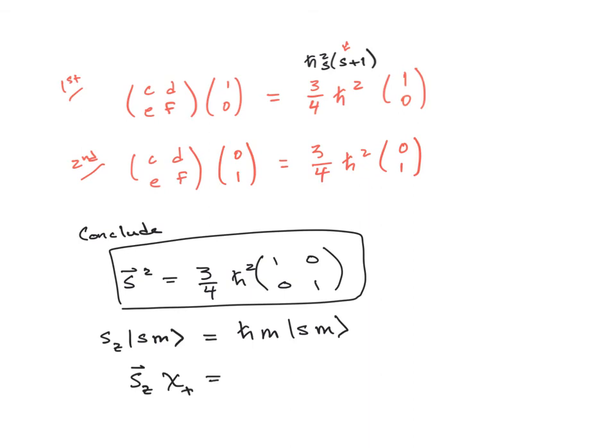Since spin up is a positive M, we should get an H bar over 2 acting on our spin up spinor. So that's our first equation there.